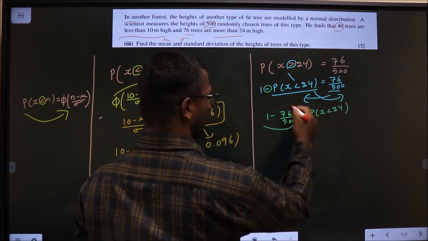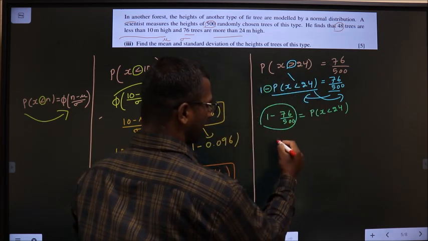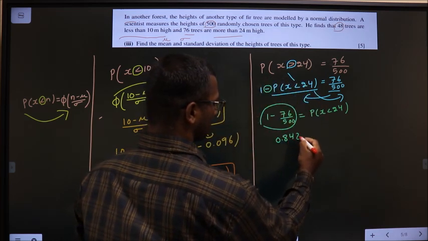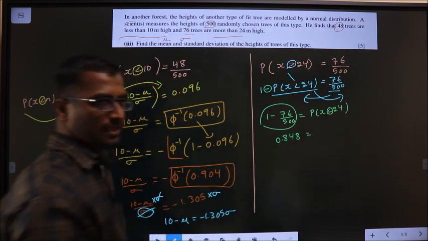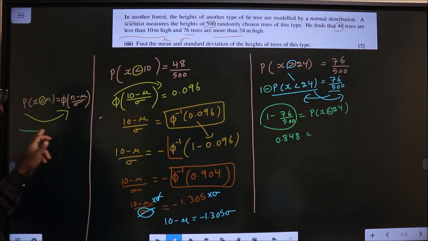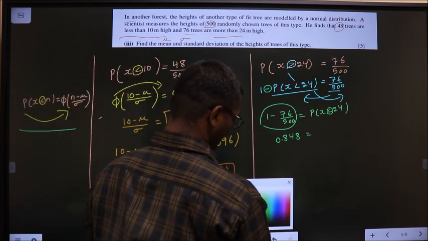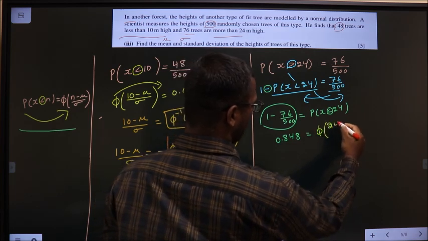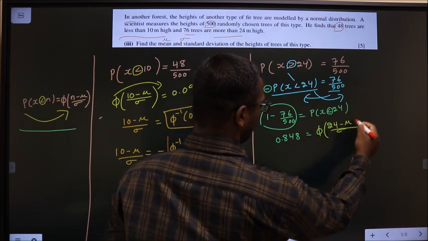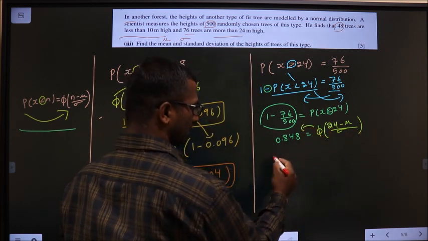Now put this in the calculator. You get it to be 0.848 equal to, here the symbol is less than, so P will get converted to phi. So it will become phi of 24 minus mean by standard deviation. Now to simplify it further, shift phi to the other side.